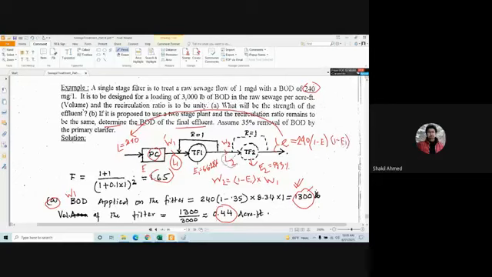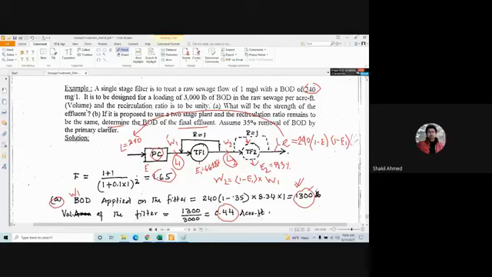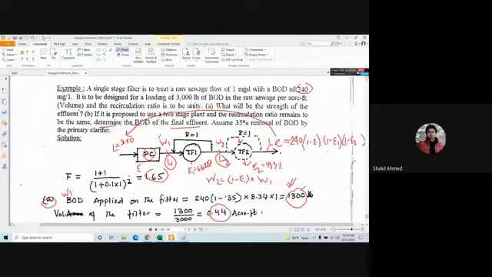Then you get L2, and it is again reduced by trickling filter 2 with an efficiency of E2. So this is 1 minus E2. Clear, guys? Yes, sir.